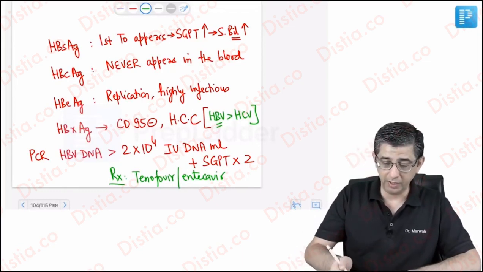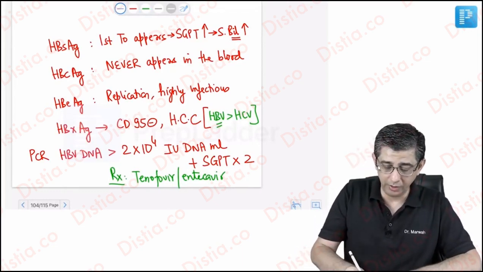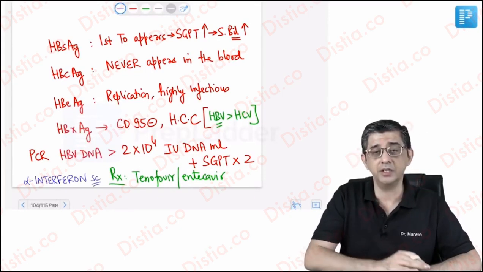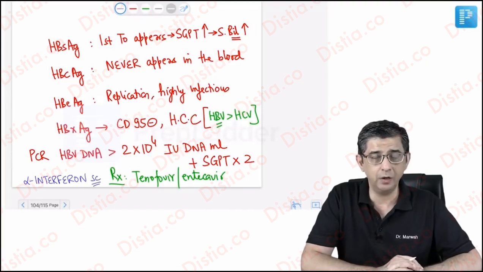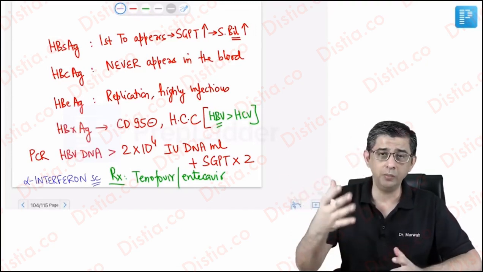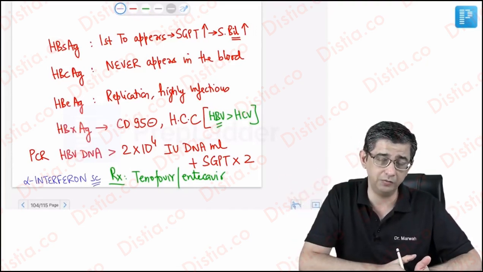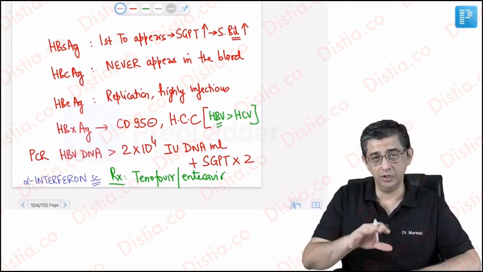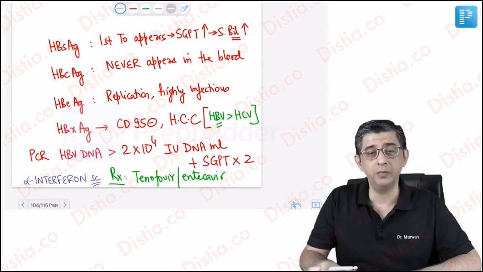In earlier times, I would not like you to note it down. In earlier times when I was a student your age, we used to read about injections, and we used to give these injections to the patient about 3 times per week. But you can very well understand that when you are giving injections, the acceptability will be lesser, compliance will be lesser, because the patient might not be able to regularly come to the hospital for these injections. So the message is that alpha interferon is not used as of now for treatment of these patients.